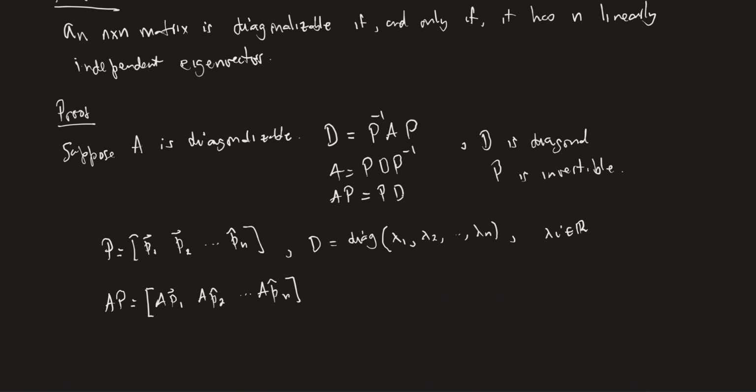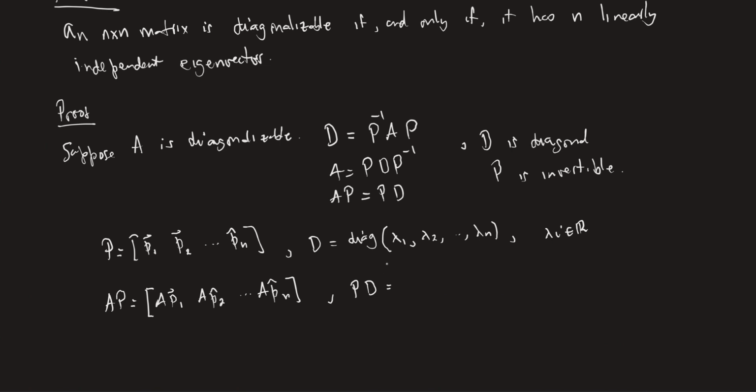And then let's write down P times D. Because D is diagonal, and this is the key, remember that when multiplying by a diagonal matrix, what you end up doing is multiplying the corresponding column by the corresponding scalar.